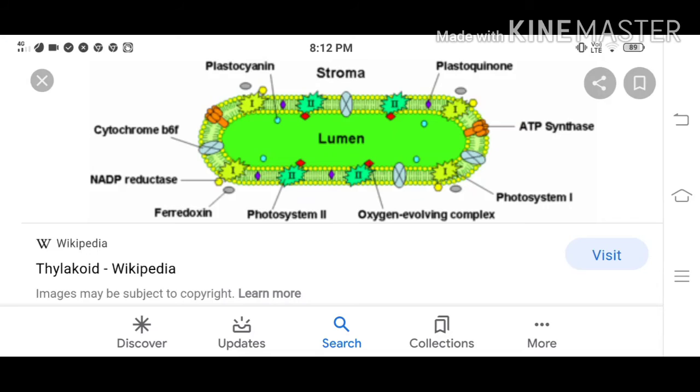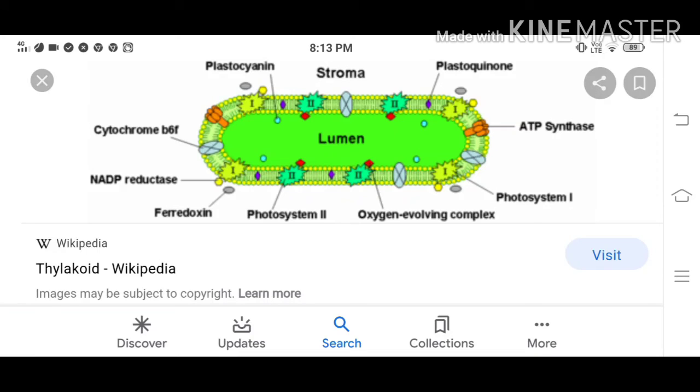Then photosynthesis has several events which occur in the chloroplast. The first one is conversion of light energy to chemical energy. The light energy, that is from the sunlight, the light rays which have photons, will be captured and converted into chemical energy.